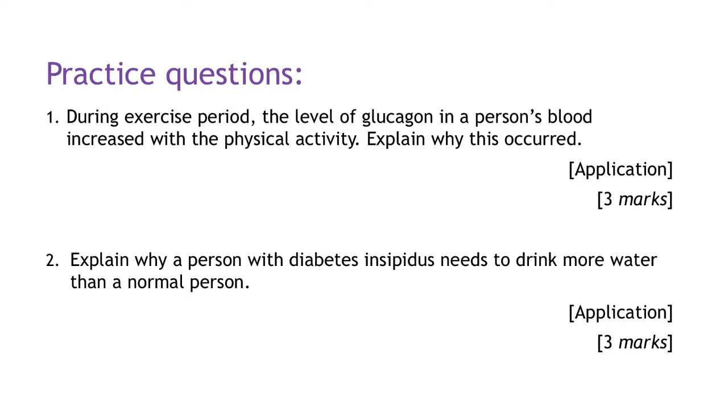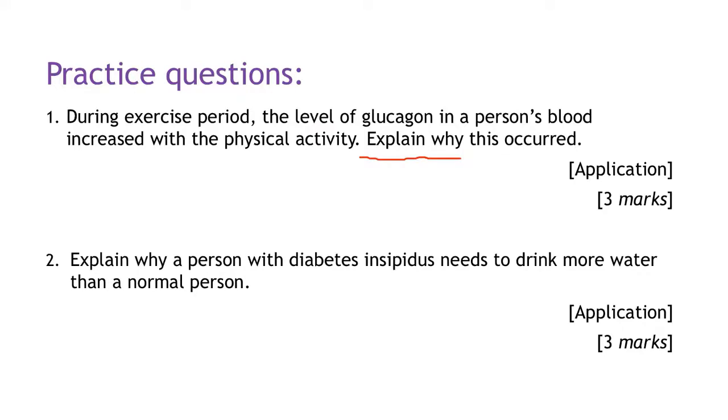Two practice questions for you to answer and evaluate yourself in learning this subtopic. Question 1. During exercise period, the level of glucagon in a person's blood increases with the physical activity. Explain why this occurs. This is application question, 3 marks.